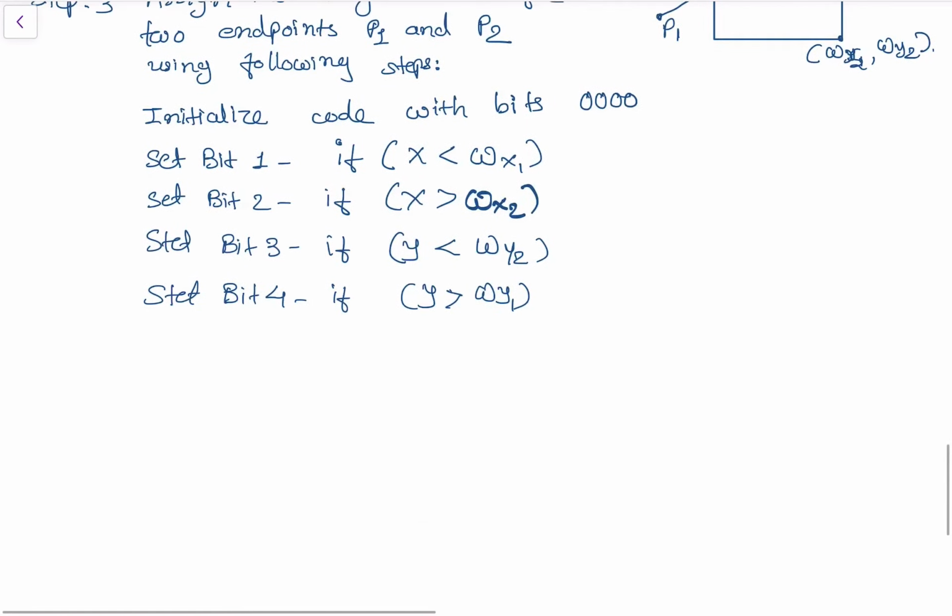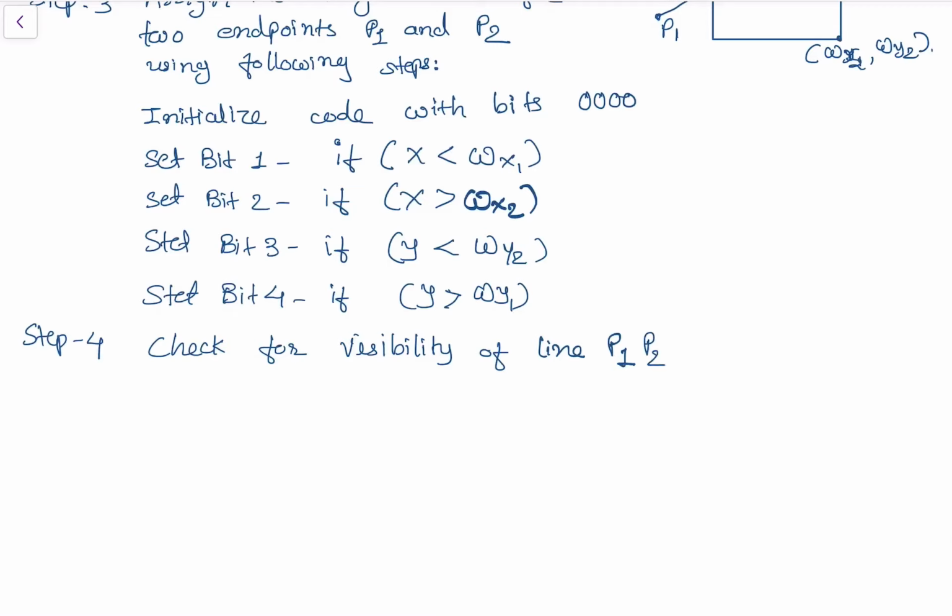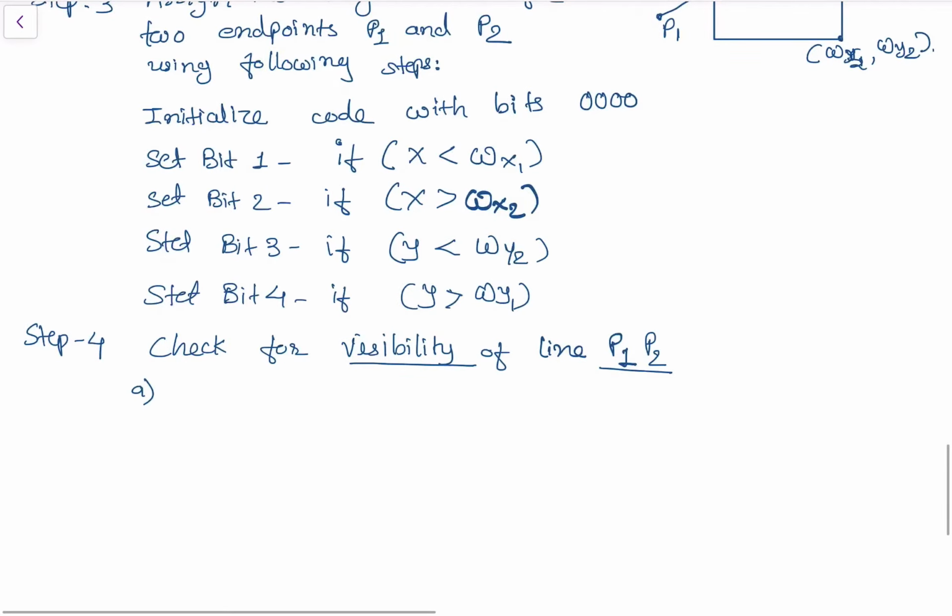Now step number 4: check for visibility of line P1 and P2. How do we check the visibility of line P1 and P2? First we have to check if the region code for both endpoints P1 and P2 is 0.